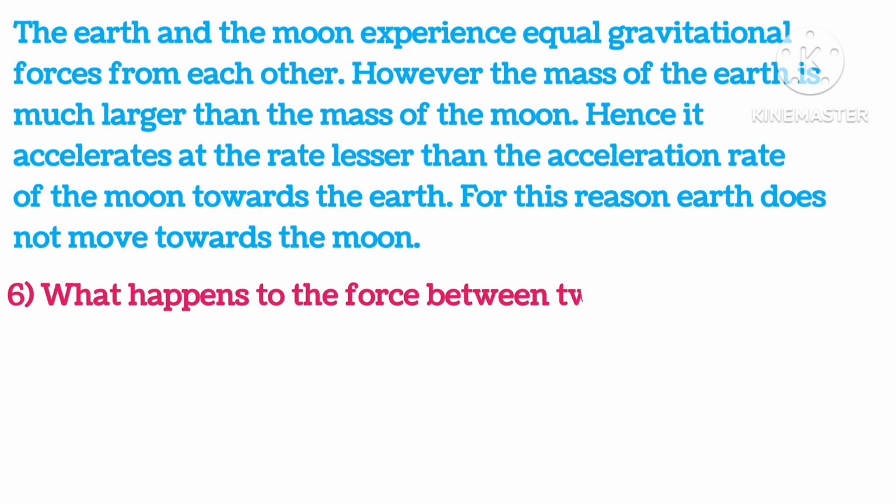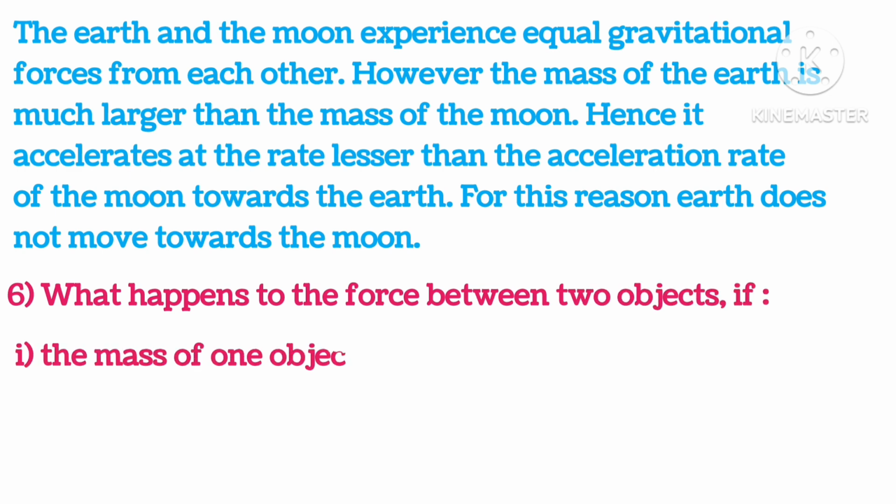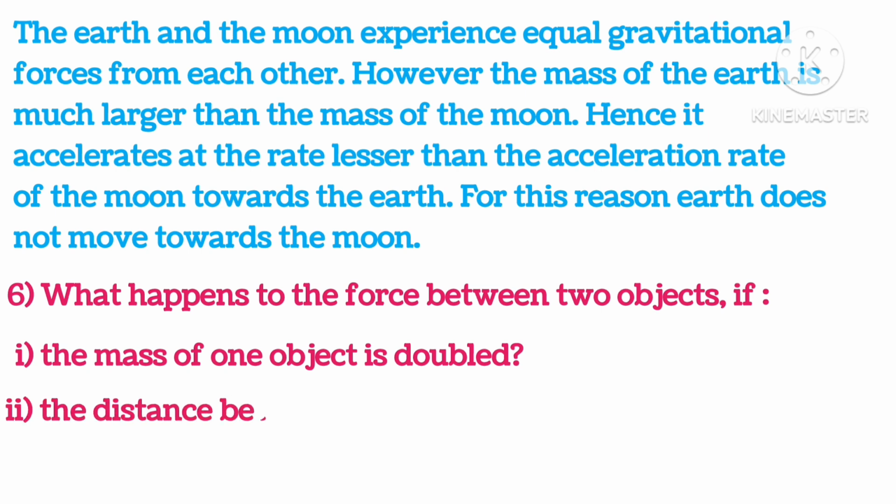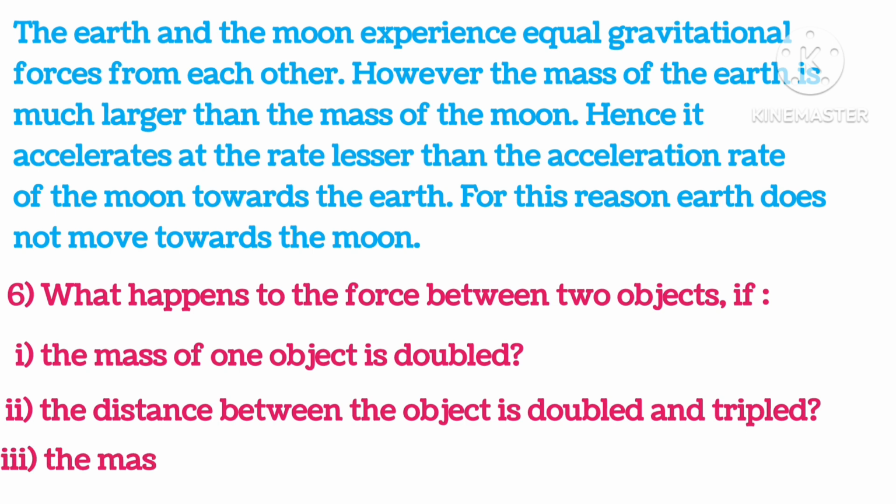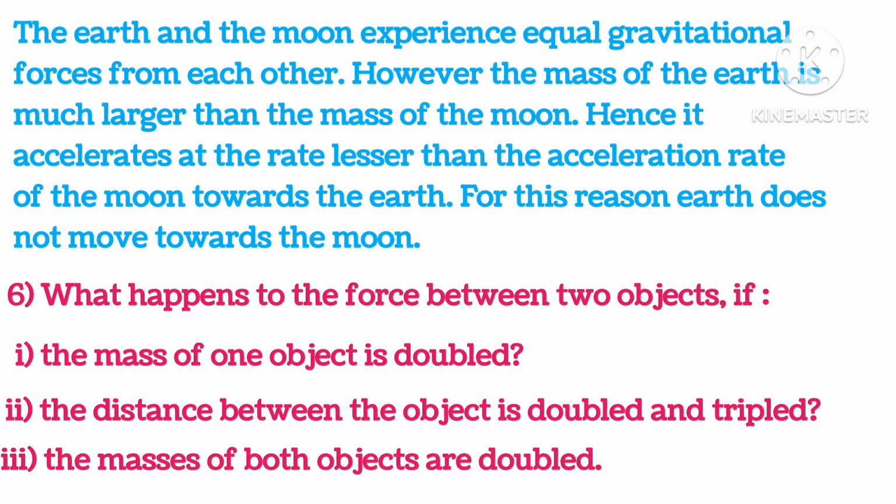What happens to the force between two objects if the mass of one object is doubled, the distance between the objects is doubled and tripled, and the masses of both objects are doubled?